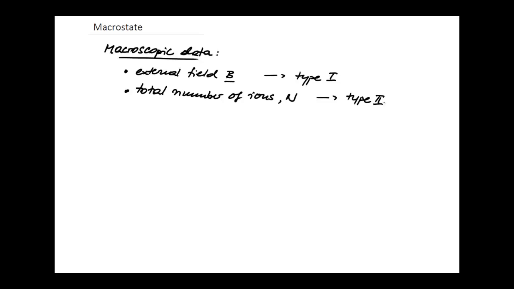And it means that we work in the Hilbert space of N ions, in an N particle Hilbert space. And then finally, we are generally given the energy, the total energy of the paramagnetic salt.